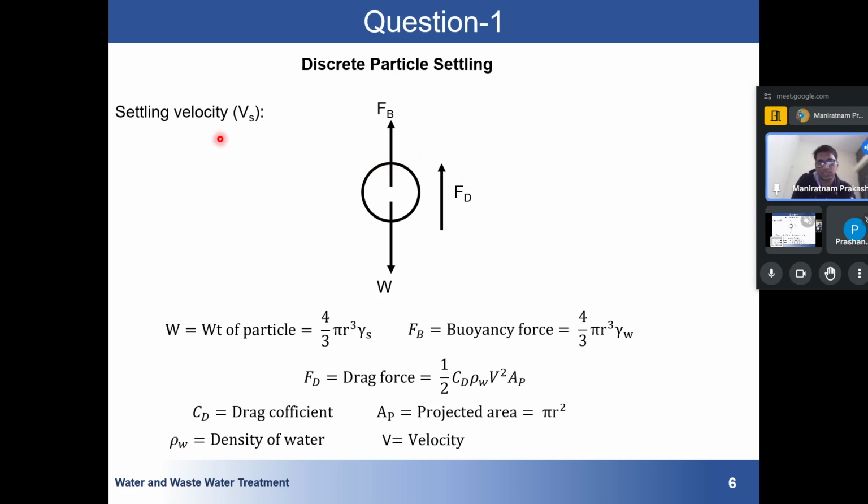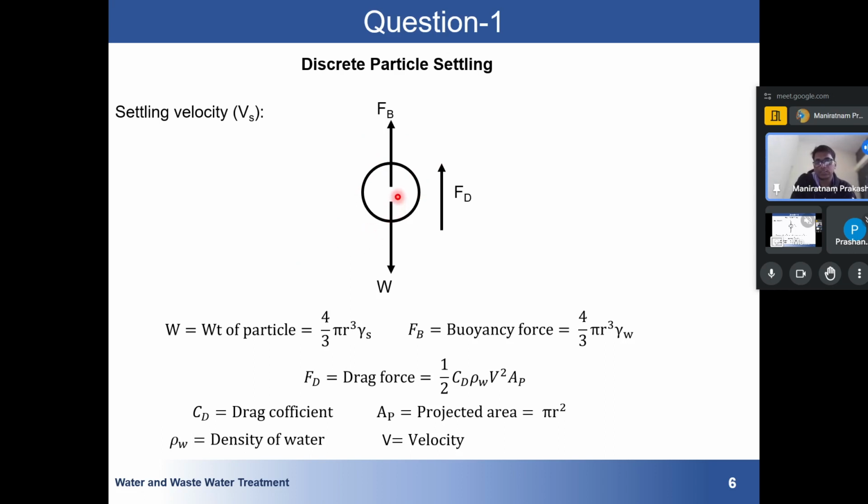Now consider this whole as a system in which there are many particles like this, and I'm considering them spherical in nature because this will face minimum drag force. This is another question. If you attended last week, there was a question on why in discrete settling we consider a spherical solid and not another shape. That is another thing.